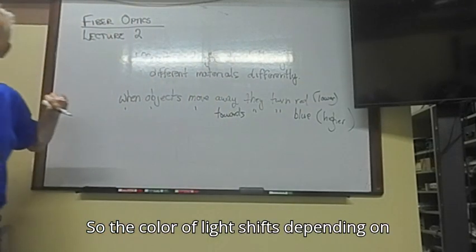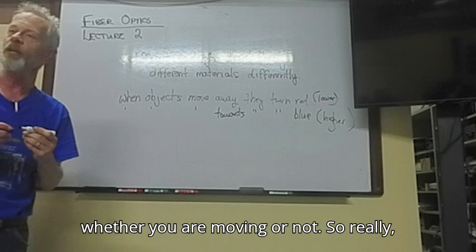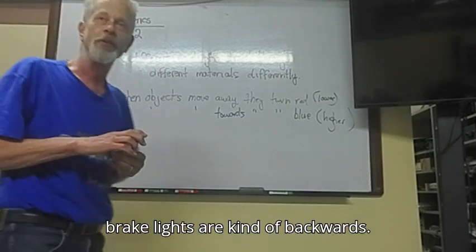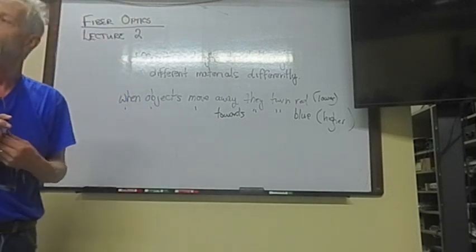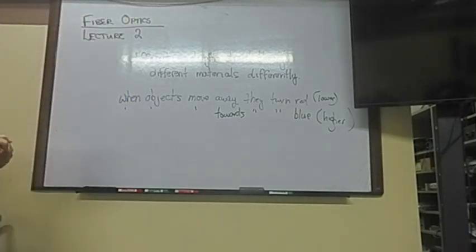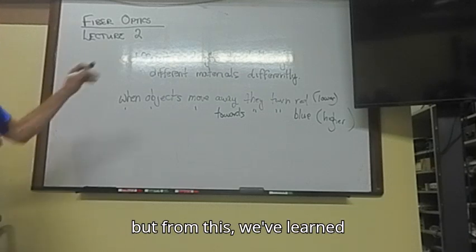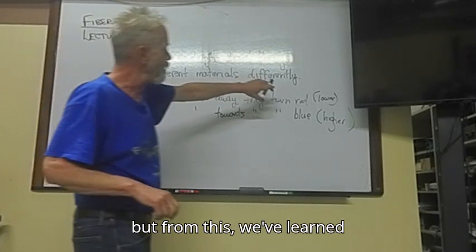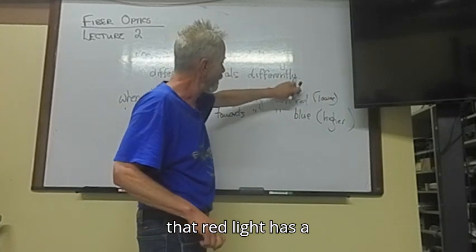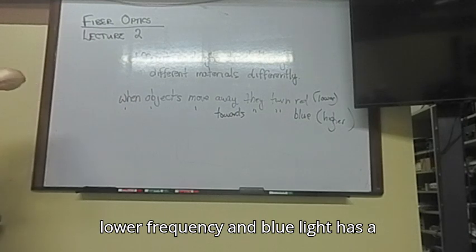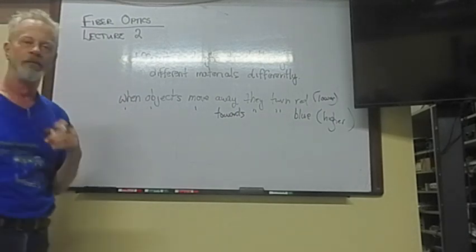So the color of light shifts depending on whether you're moving or not. So really, brake lights are kind of backwards. But from this, we've learned that red light has a lower frequency and blue light has a higher frequency.